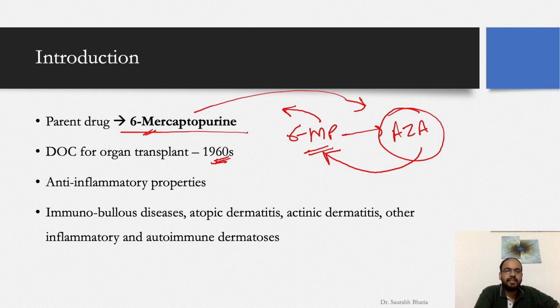During the 1960s, azathioprine became the drug of choice for organ transplantation, predominantly used for kidney transplants. So kidney transplant is a very important indication for azathioprine.